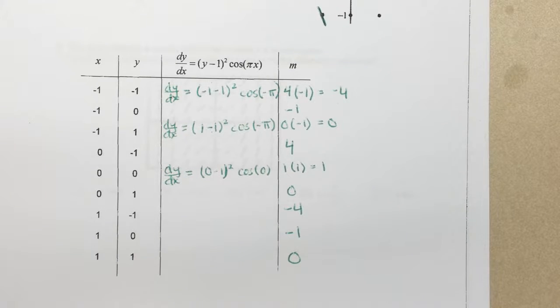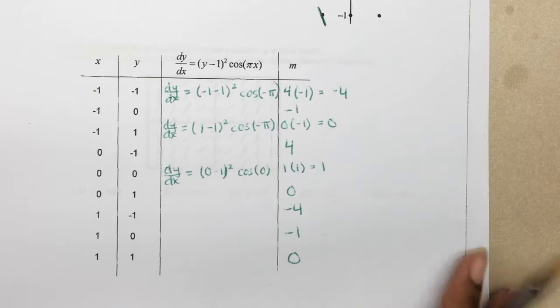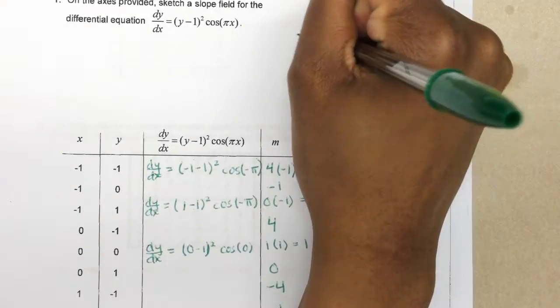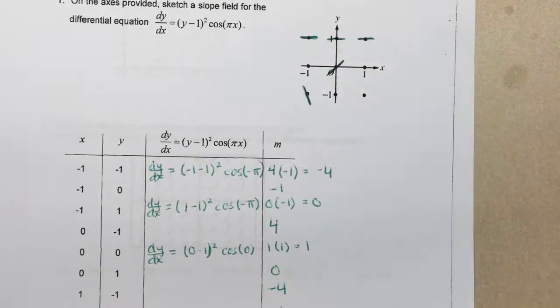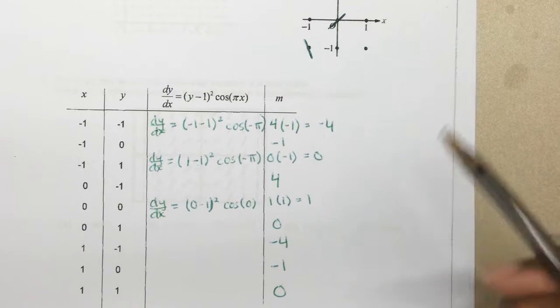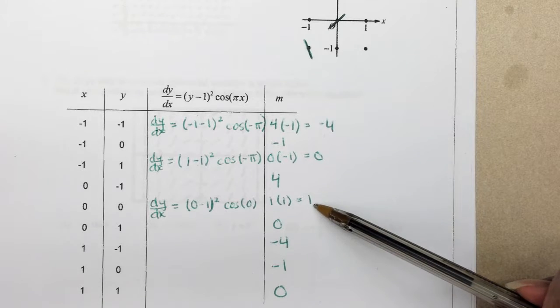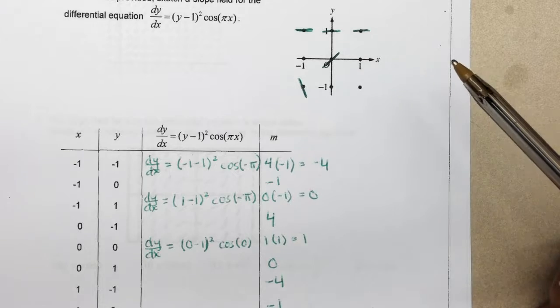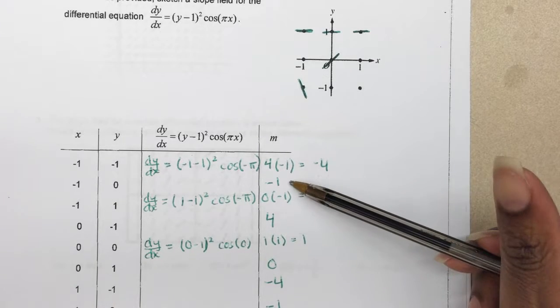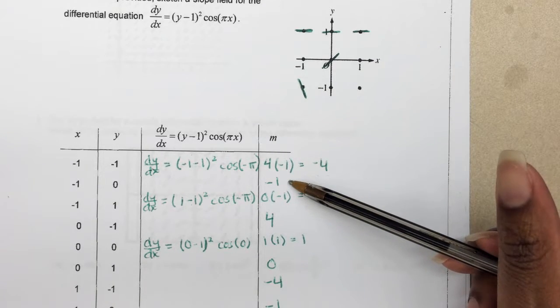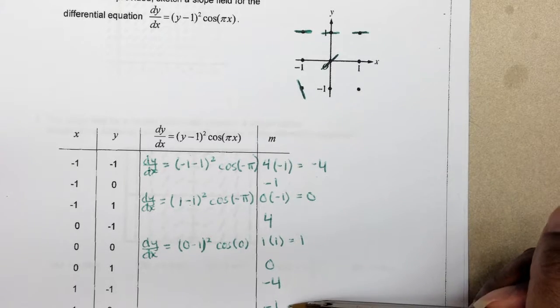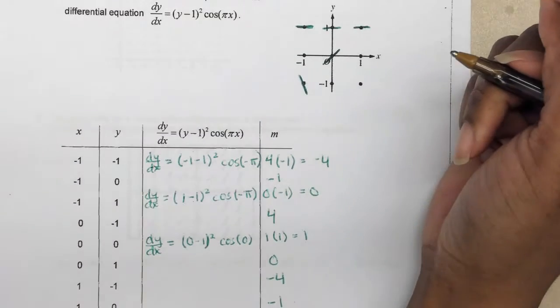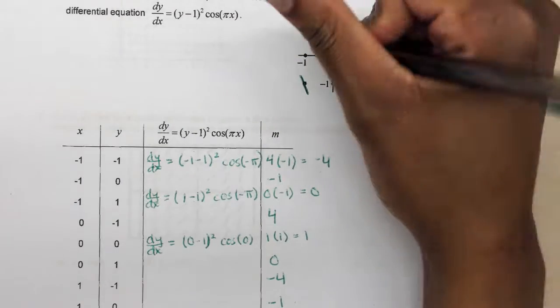Every time we have a 0 slope, so at (0, 1) and at (1, 1), our tick lines are going to be horizontal lines. Every time we have a positive 1 slope, our tick line has a slope of 1. And for the -1 slopes, at (-1, 0) and at (1, 0), our tick lines will be negative slopes.